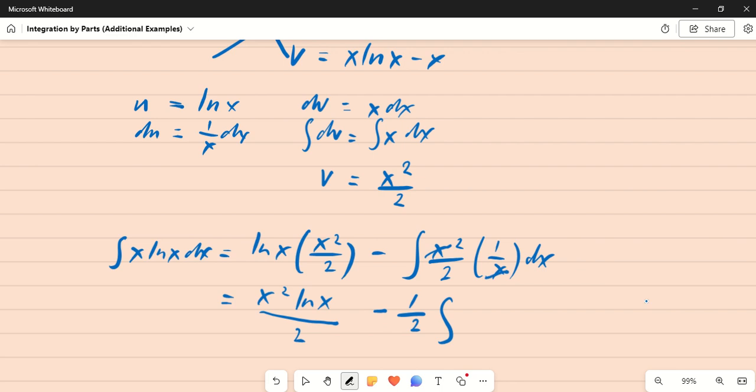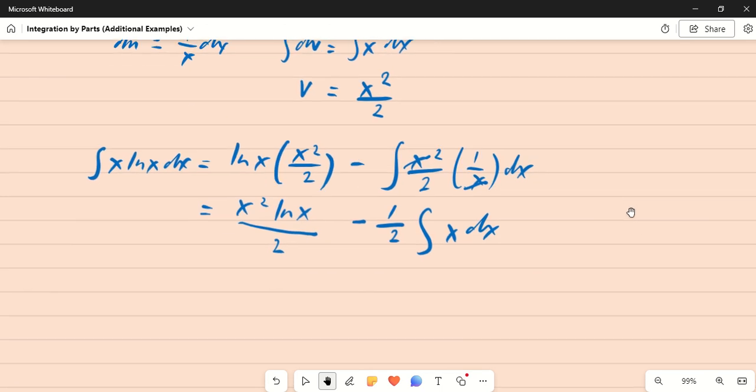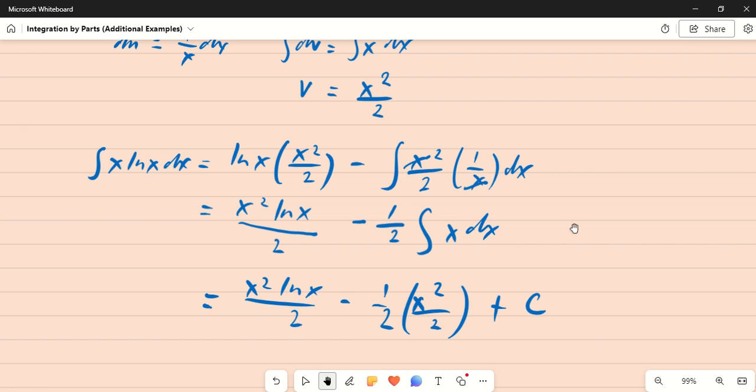And then you're left with x dx. Okay, so again, our solution will now then be x squared ln of x over 2 minus 1 half, and the integral of x dx is x squared all over 2, and then this time we'll be adding the arbitrary constant c.